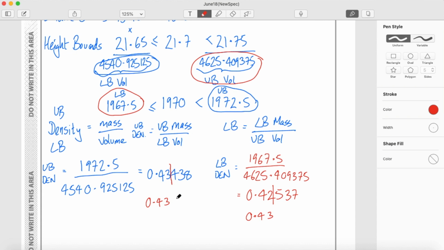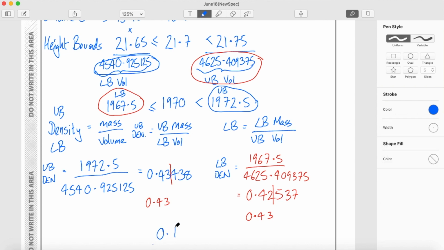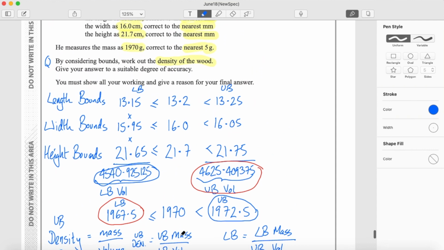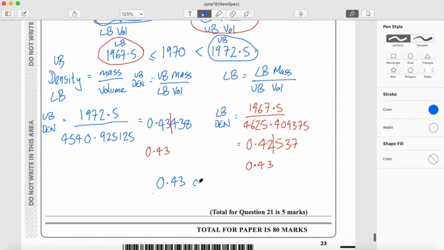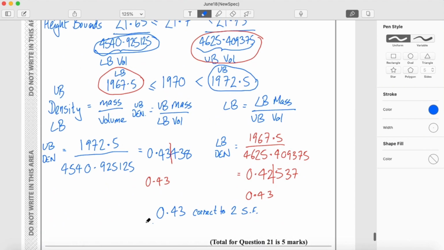This rounds up, this rounds down, so our answer is 0.43, correct to two significant figures. Density is given in mass over volume, so that would be 0.43 grams per centimetre cubed.